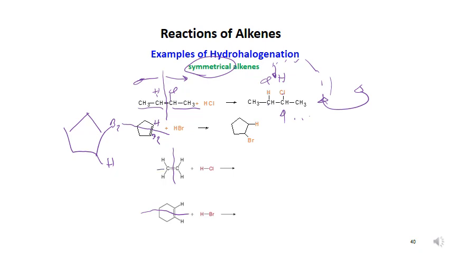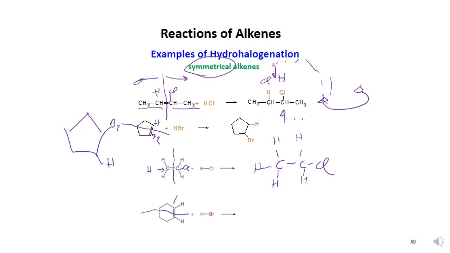H comes on there, Cl comes on there, and you're going to make H, H, H, H, H, H, Cl. Besides, it's a single bond, so you get free rotation around everything anyway. Same deal here.